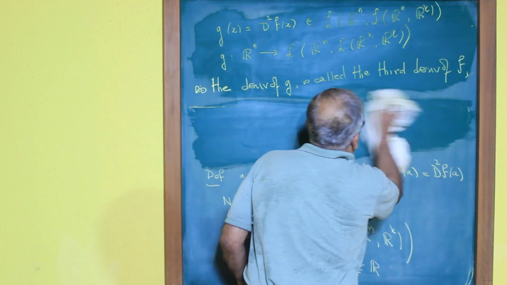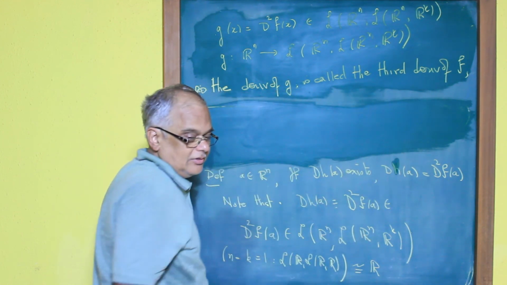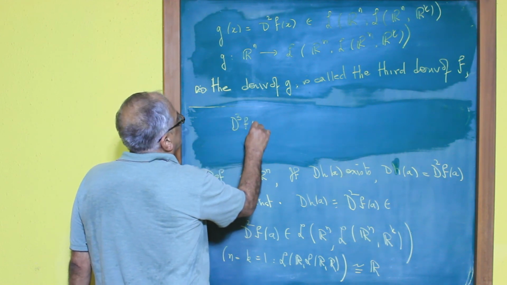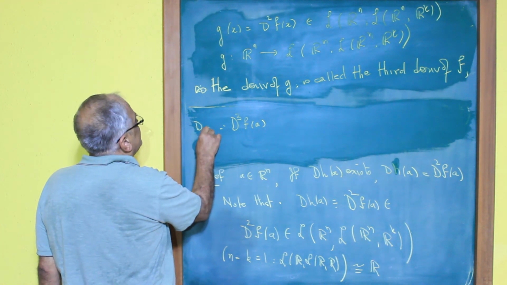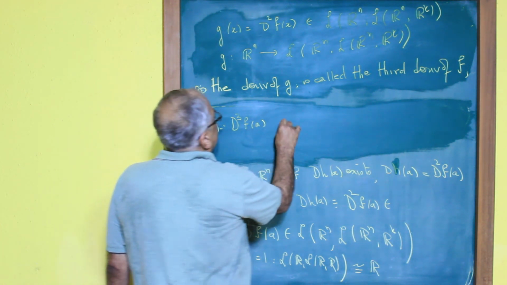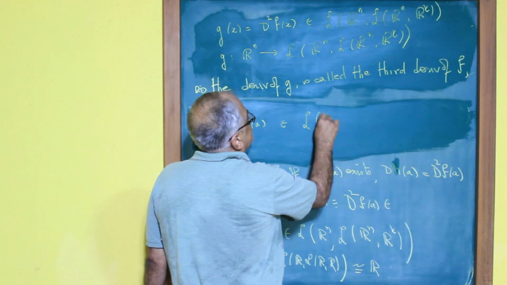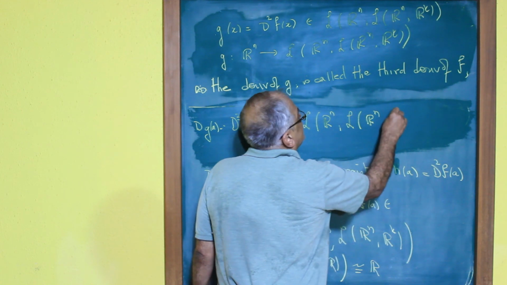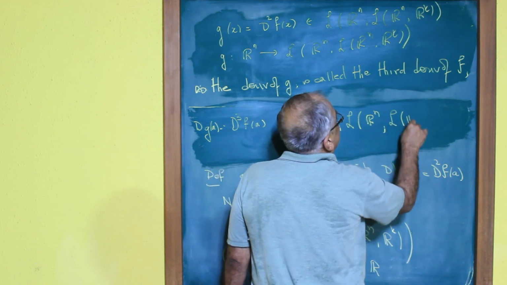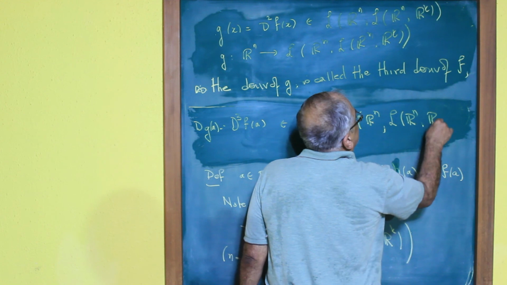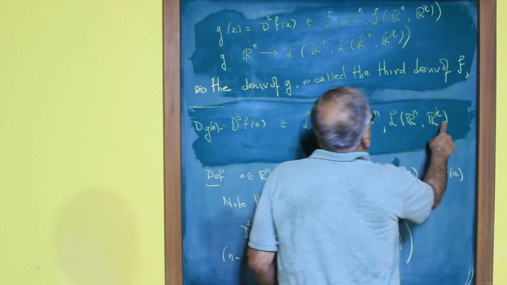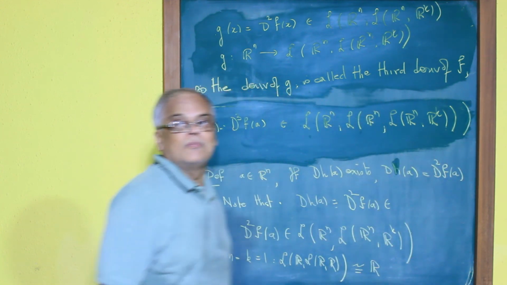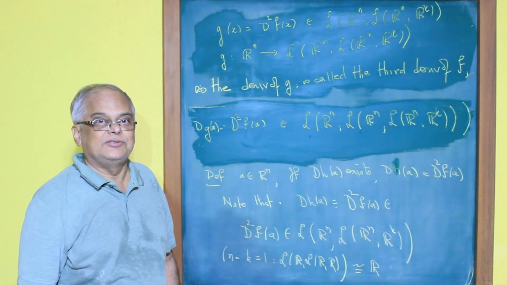The third derivative of f, this is the derivative of g at a, is an element in linear maps from Rn to linear maps from Rn to linear maps from Rn to Rk. So I close this bracket, then I have to close this bracket, then I have to close this bracket. This is a place where we'll continue from here.